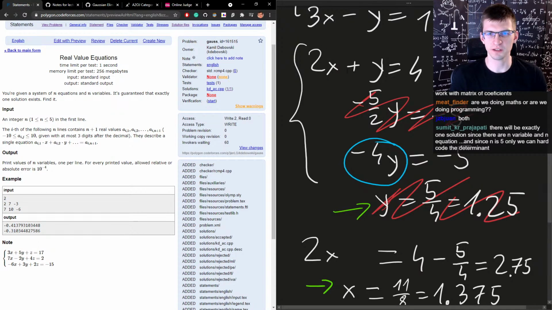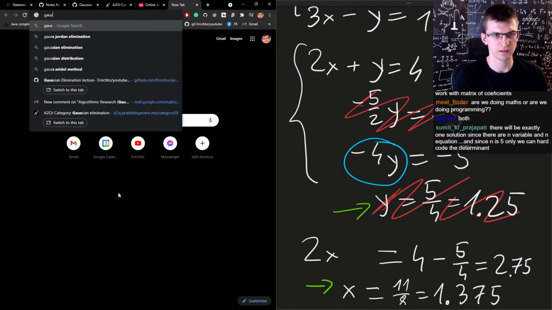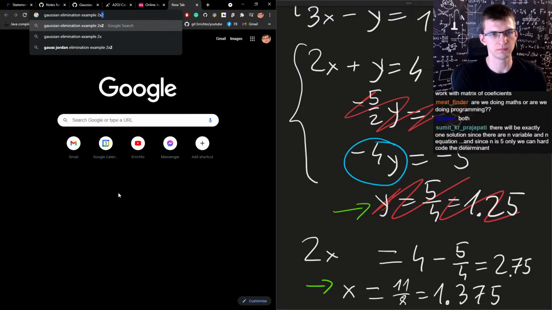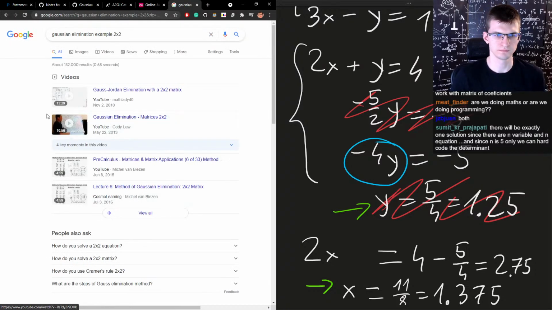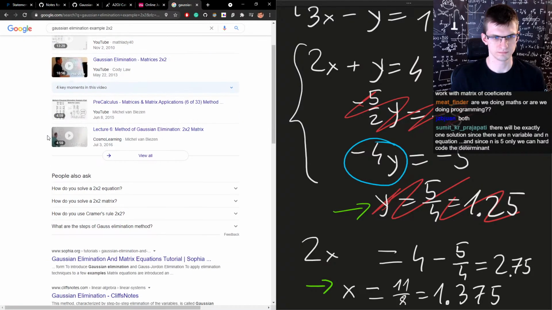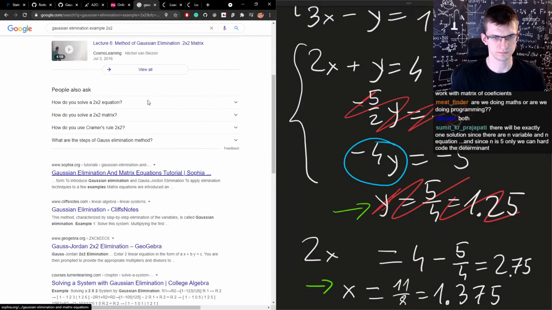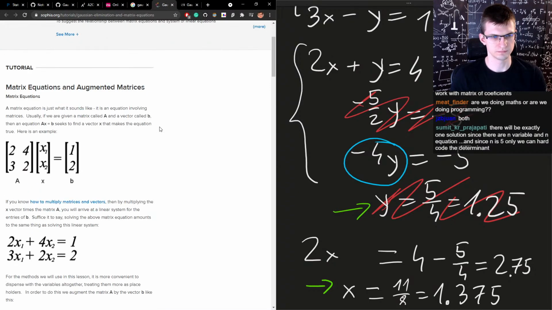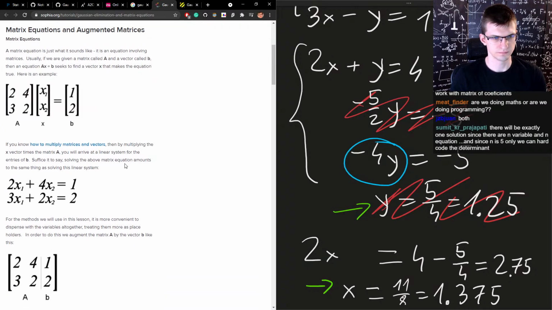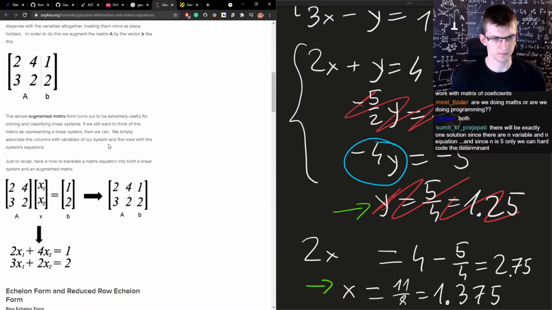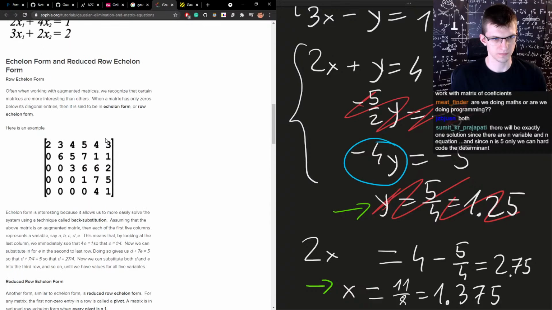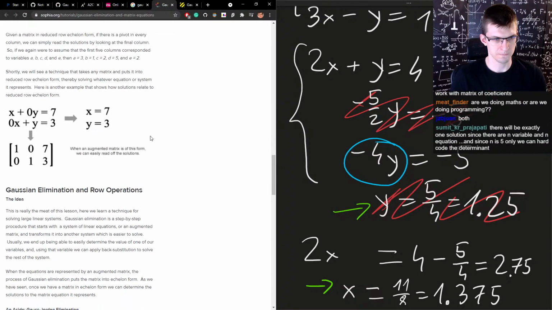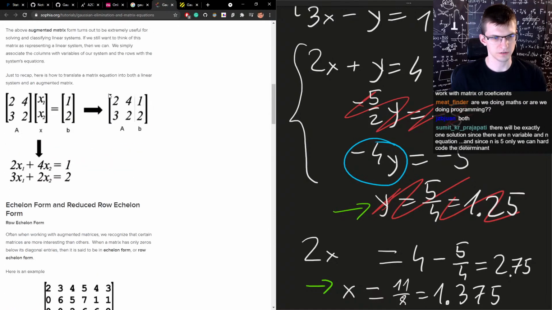Okay, I want a better example. So what's the solution here?